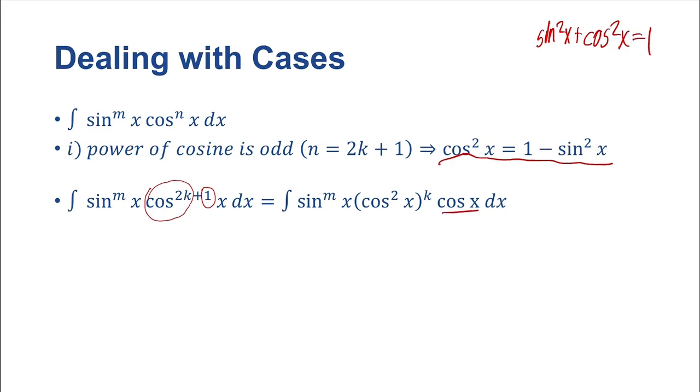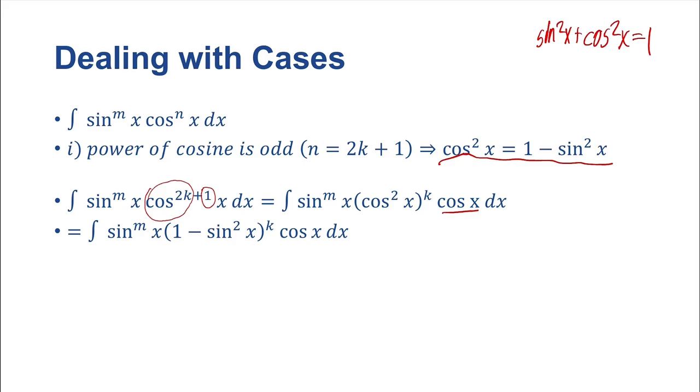Now this allows us to apply that Pythagorean identity that I was talking about. We get the integral of sine to the m of x, and because we know cosine squared of x is equal to 1 minus sine squared of x, we get 1 minus sine squared of x to the kth power, times cosine of x.